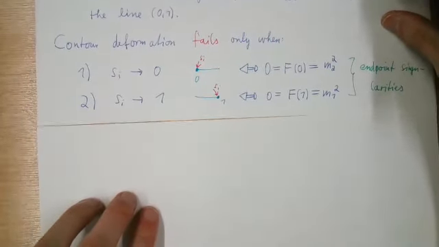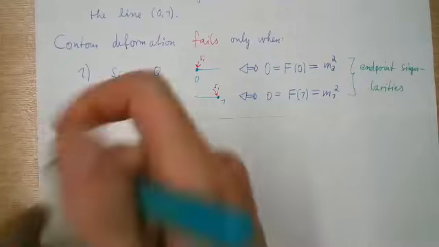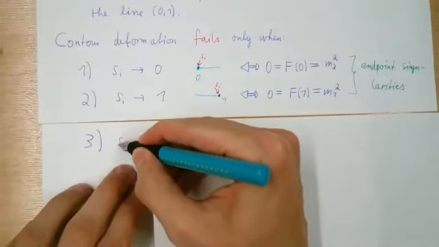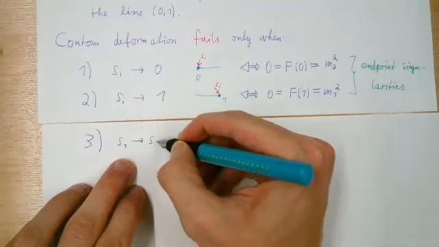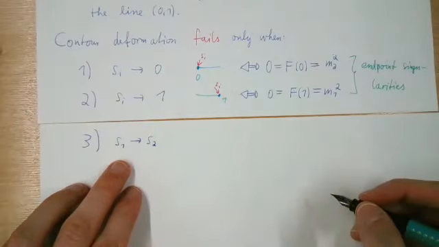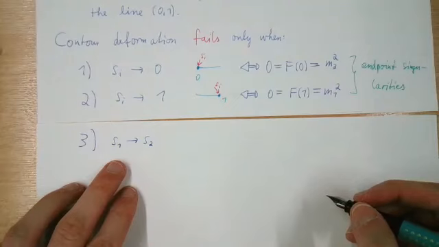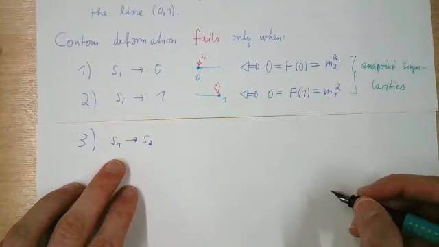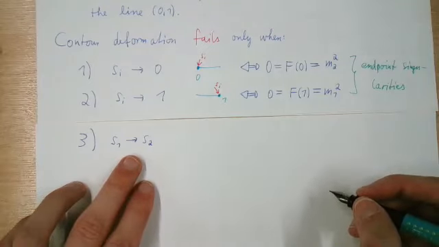And then there's the third configuration, number 3. So this is when S1 and S2 become the same, right? So in general, this quadratic polynomial will have two different solutions, but maybe you're unlucky and actually it's a double solution. Maybe the polynomial is a complete square and you don't have two different points, but it's like a point with multiplicity 2.